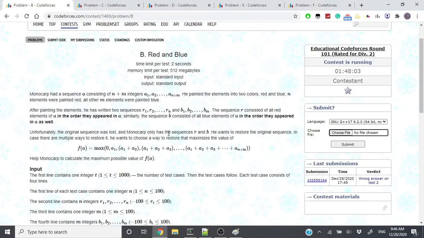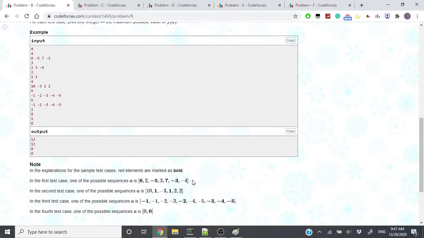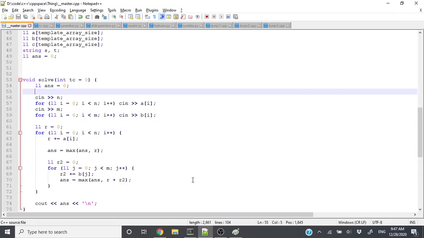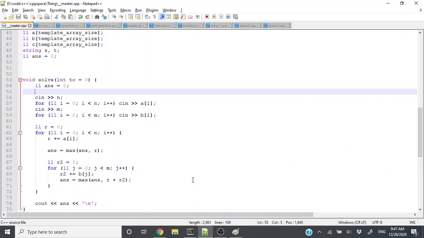Then we consider taking no elements in the red sequence. Then we take 1, then we take 2, we take 3, and so on. What have I messed up?